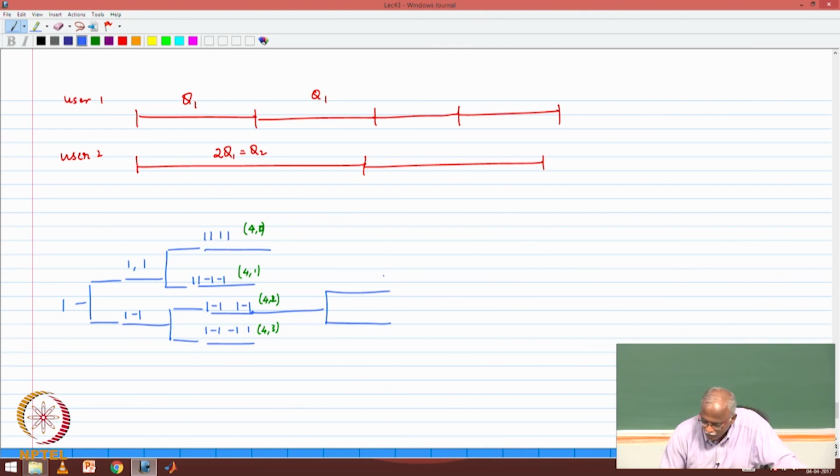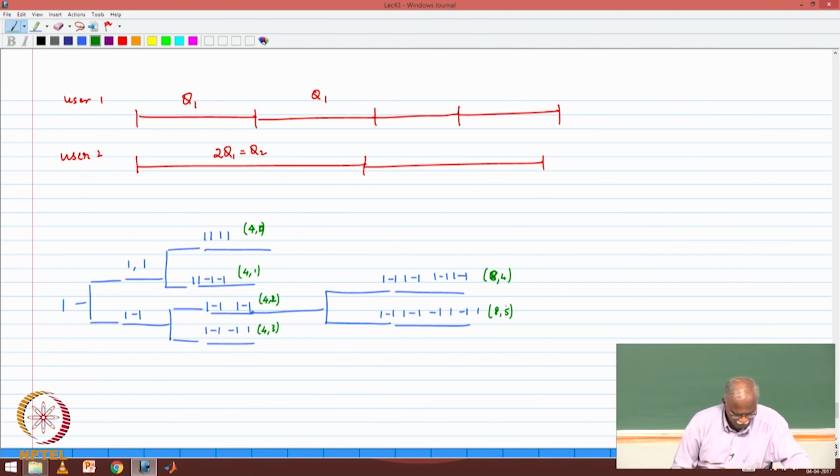This will be 1 minus 1, 1 minus 1, 1 minus 1, 1 minus 1. The lower branch will be 1 minus 1, 1 minus 1, and then the negative of that, minus 1, 1, minus 1, 1. And if you go through the numbering process, these will be codes of length 8, this will be code number 4, this will be code number 5.